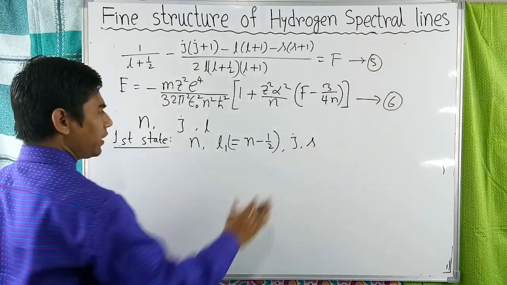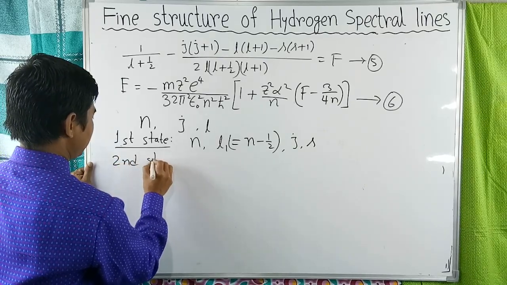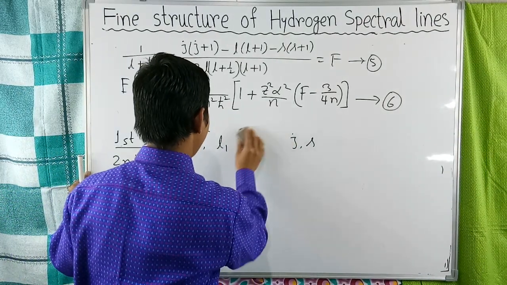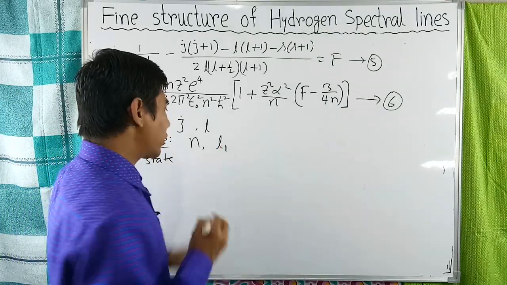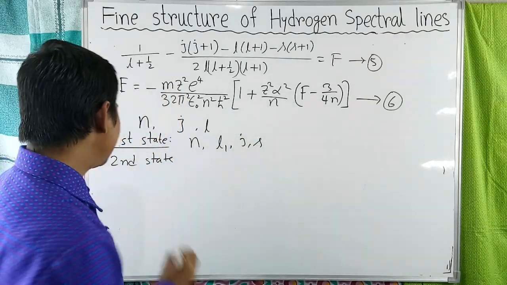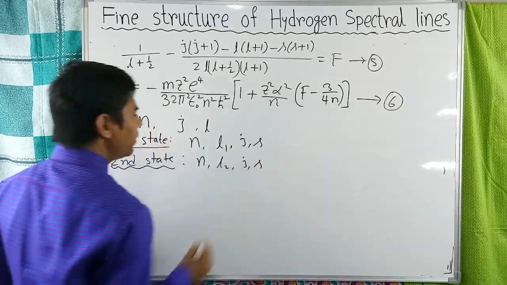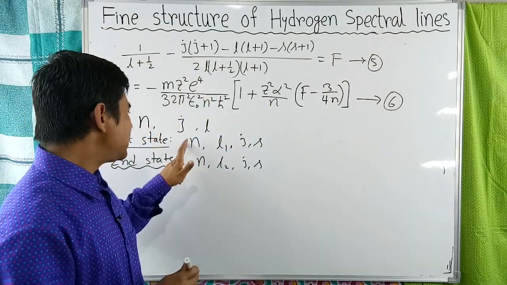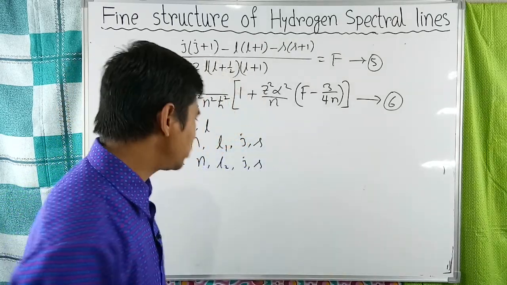Okay, so these are the quantum numbers for the first state, and for the second state the quantum numbers are n, L2, j and s. Because here only the orbital quantum numbers are different. Here the principal quantum number and the total angular momentum quantum number are the same for the two states.